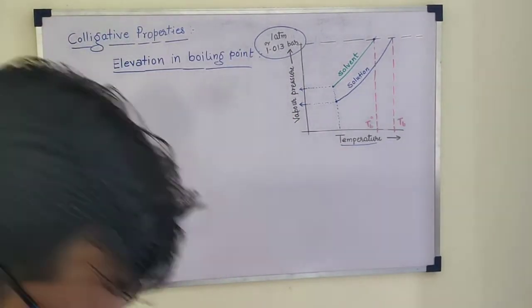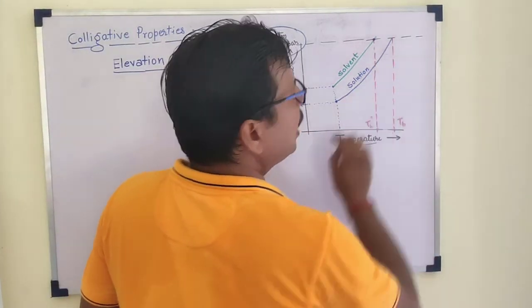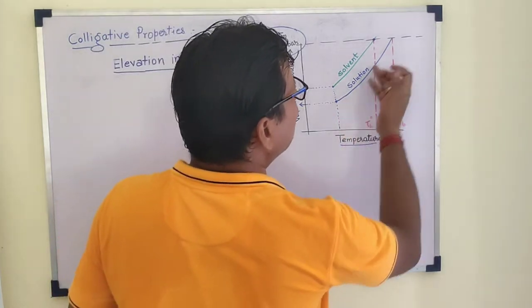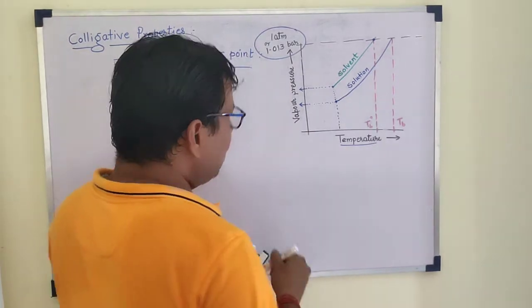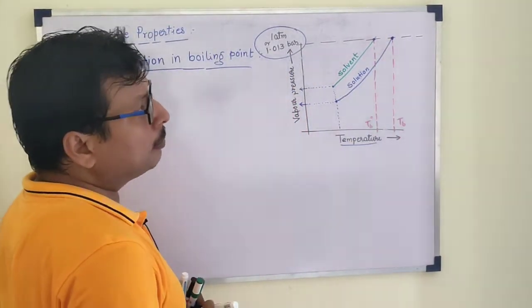So for this solution, the vapor pressure of the solution varies like this curve. This curve shows that as the temperature increases, the vapor pressure also increases. At this point, the solution starts boiling.